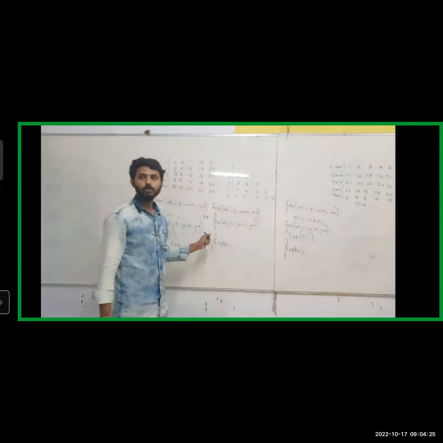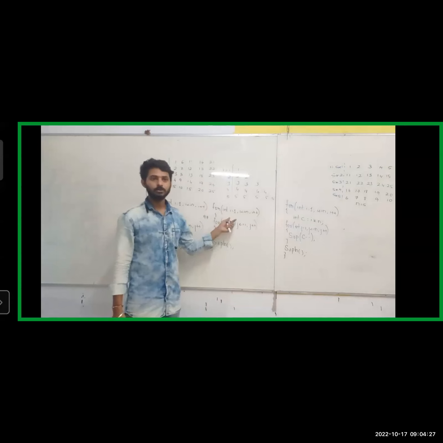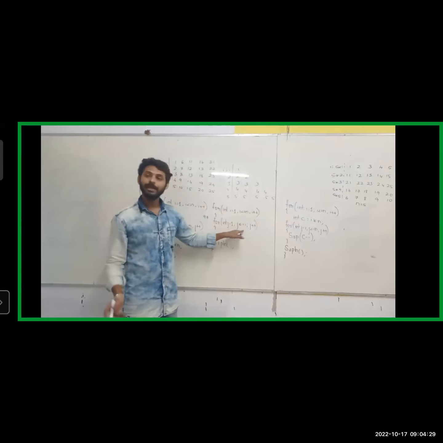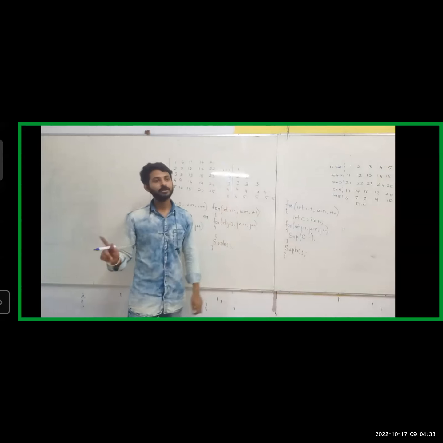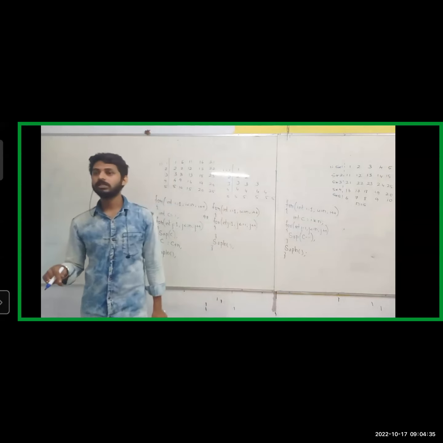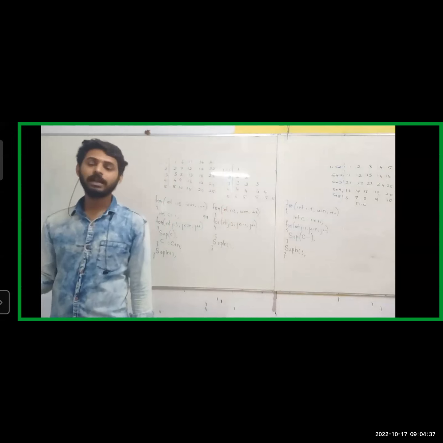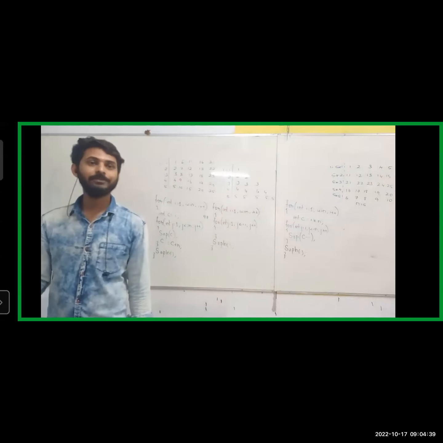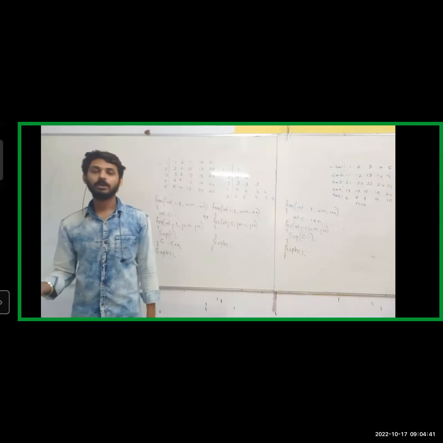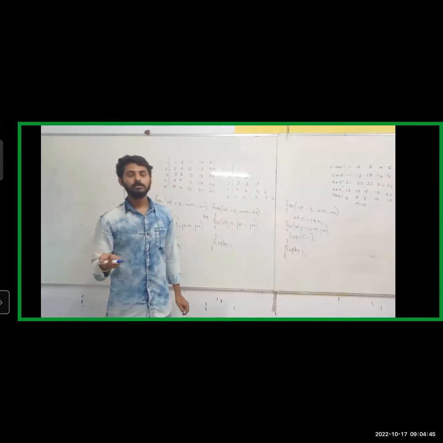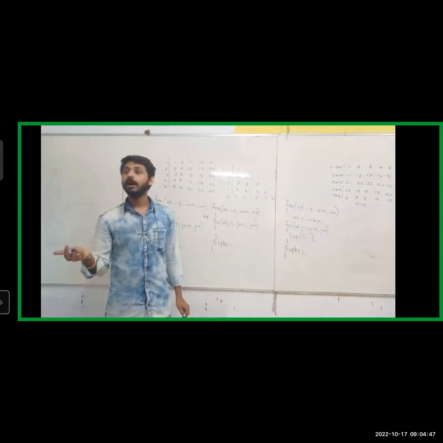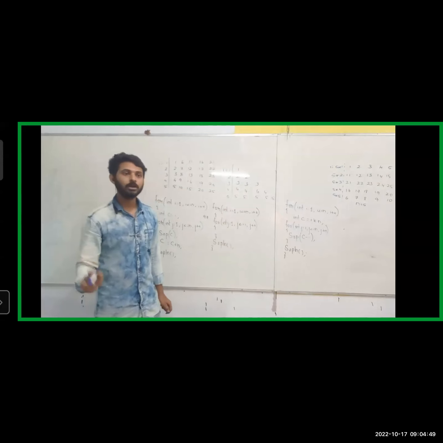Okay. If I do this much, what will happen in the first row? Starting from 1 till 1 only, it will allocate spaces. Second row, starting from 1 till 2. Third row, starting from 1 till 3. Starting from 1 till 4. Starting from 1 till 5. If the row number is 100, then starting from 1 till 100, it will allocate that number of spaces.